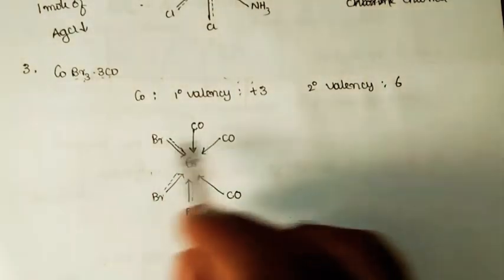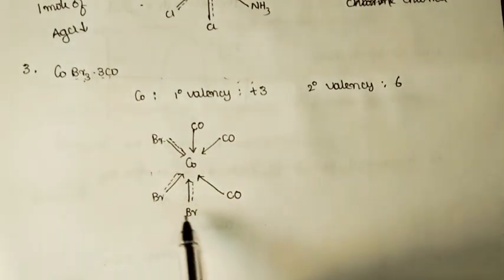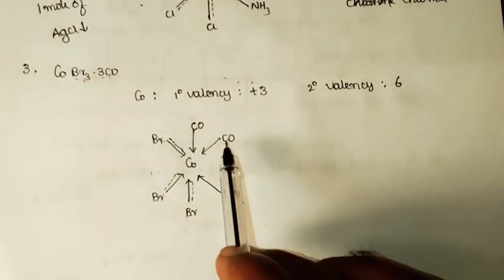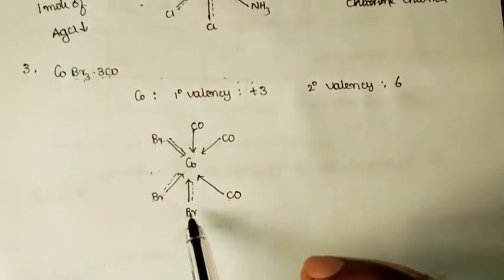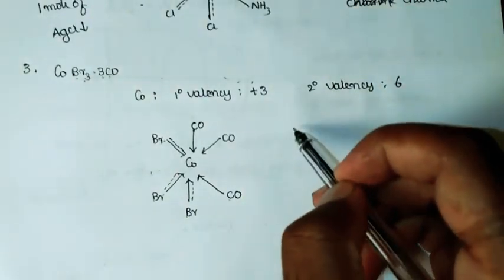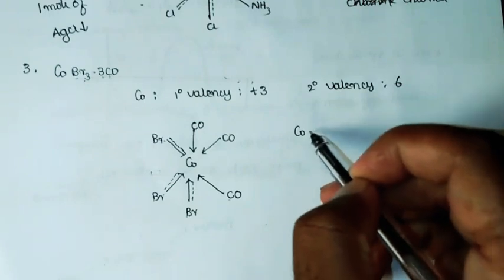So by looking at this complex, we can say the 3 bromo ligands and 3 carbonyl ligands are satisfying the secondary valency, and these 3 bromines, along with secondary valency, are satisfying primary valency also. So we can frame the exact molecular formula: Co(CO)3Br3.